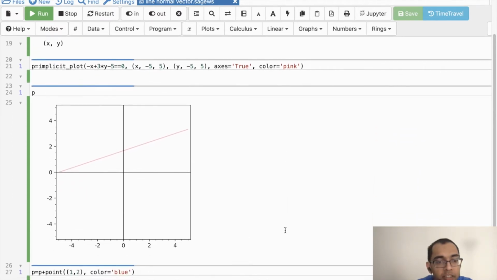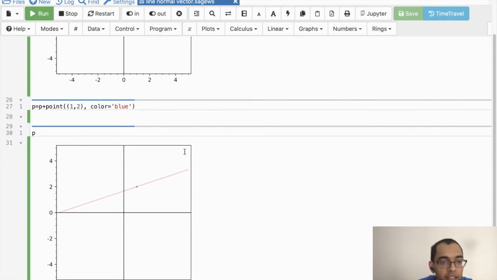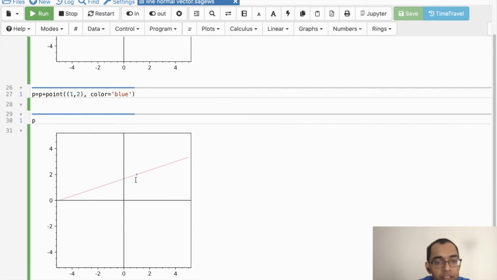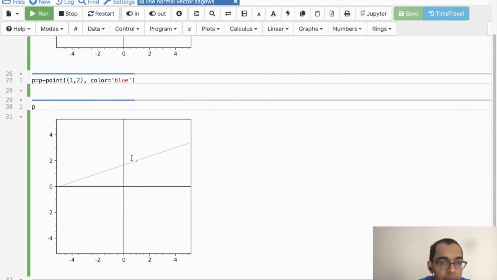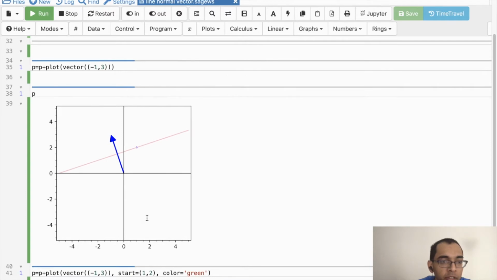Now, what did I do next? You can add in the point p by this command here, p plus the point (1, 2). There it is in blue. Then you can add in the normal vector.